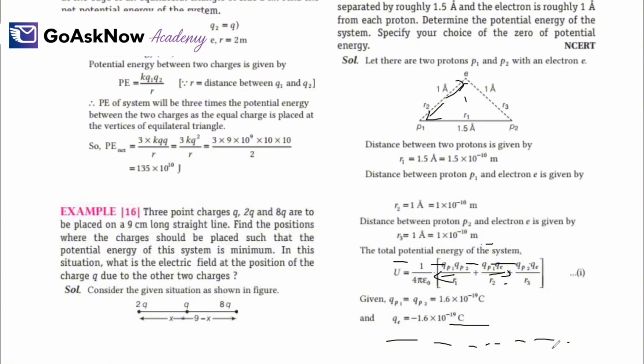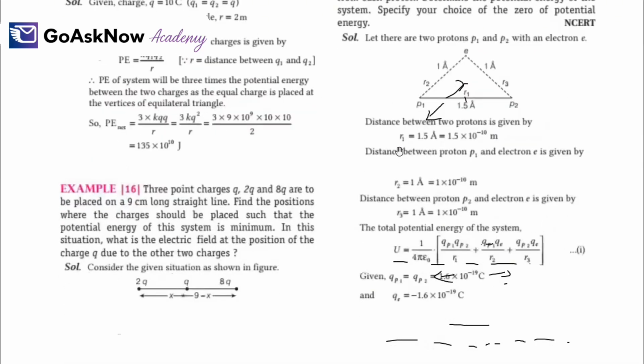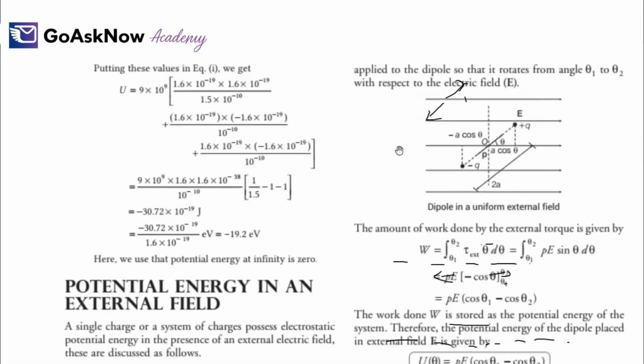Now, given values are QP1, QP2 are 1.6 into 10 power minus 19 coulomb. This is the protonic charge value. Okay. Just now, what you do, substitute the values here. You will get the result only. So U is coming out to be equal to what? Minus 19.2 electron volt.